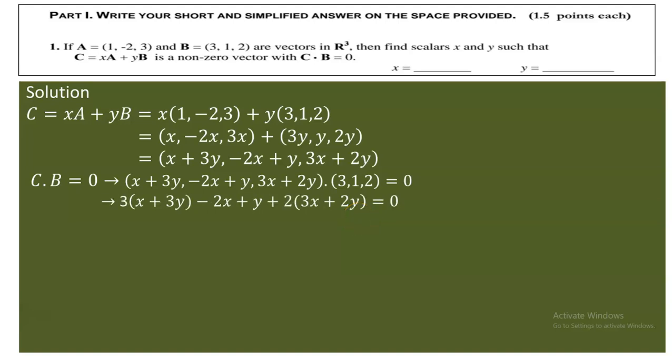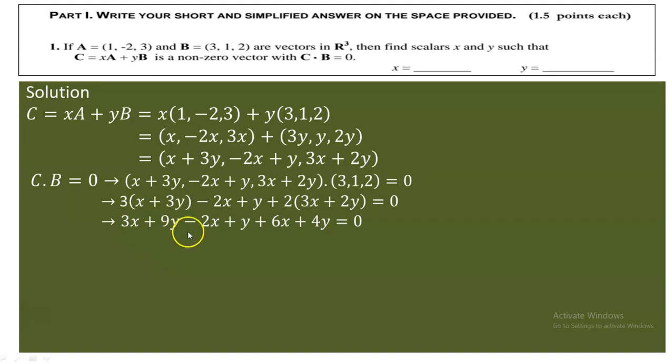After simplifying this, you can have the expression 3x plus 9y minus 2x plus y plus 6x plus 4y equals 0. What has been done here is I simply multiplied each of these bracket expressions by the multiplier numbers existing in front.